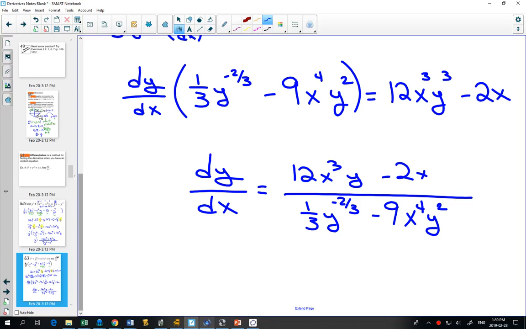So we get an equation of the derivative. Okay? We get an equation of the derivative, and it's in terms of x and y. And this is helpful, especially in cases where we can't get y by itself easily.